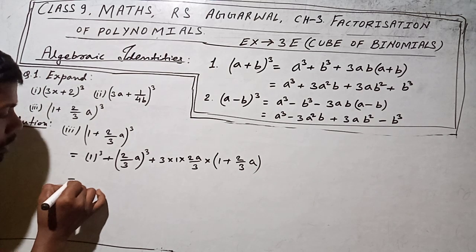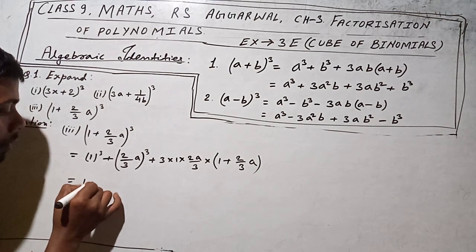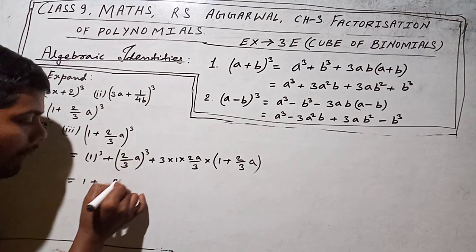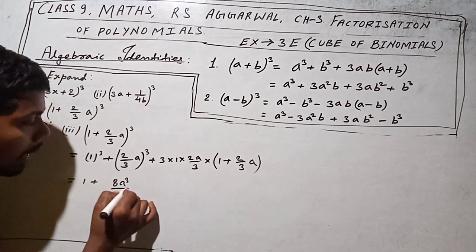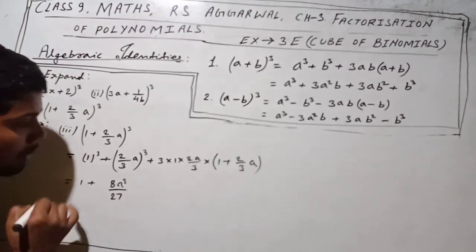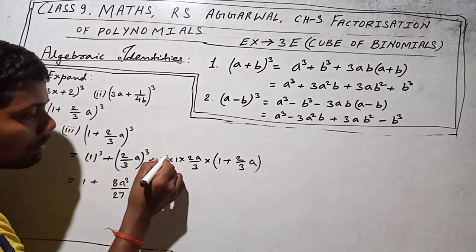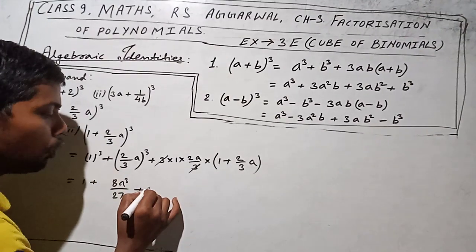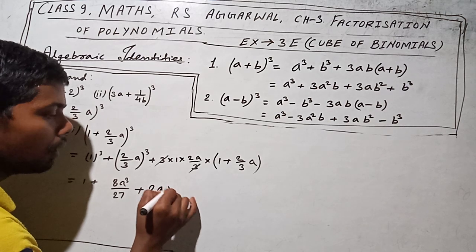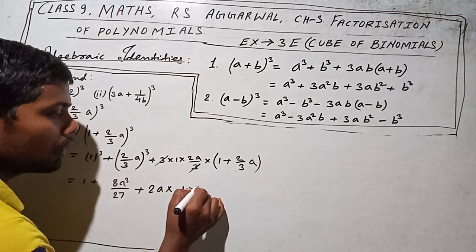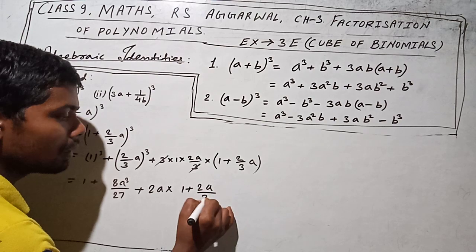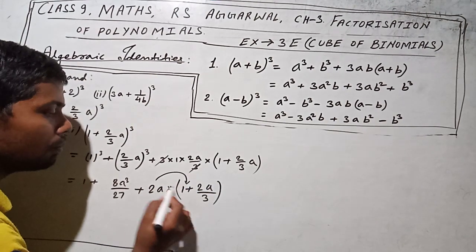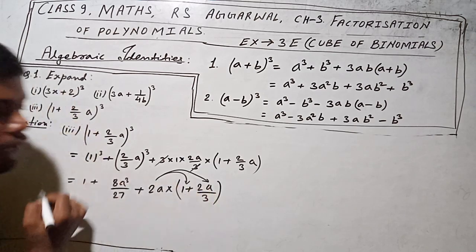Now simplify this one. Cubing 1 we get 1, plus cubing 2 we get 8, cubing a we get a cubed, and cubing 3 we get 27. Plus here we can see that 3 and 3 will be cancelled out, and we will be left with only 2a multiplied by (1 plus 2a by 3). Now this monomial will be multiplied by both of the terms of this binomial.